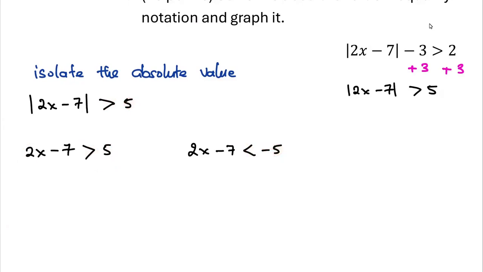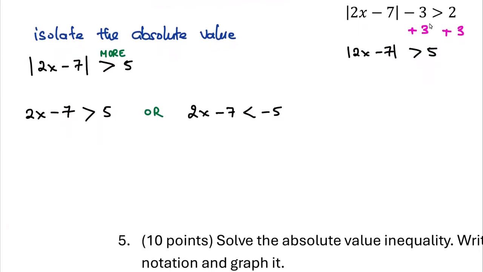Also, when I have the sign greater than, I call this a "more," right? Therefore, the joining word will be "or." Solving right now. Add 7 to both sides. 2x greater than 12, divided by 2.